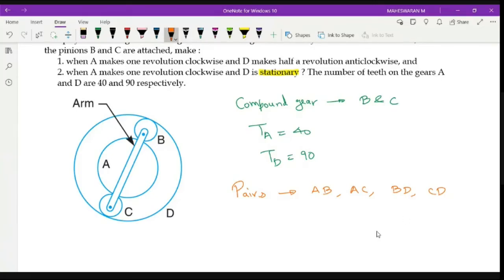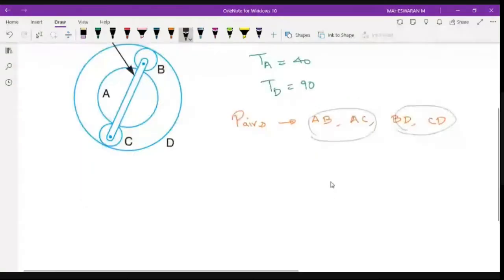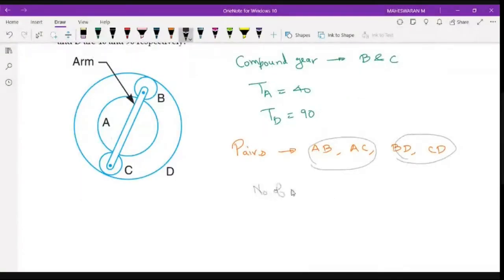But when you look here, there are some compound gears, which means AB and AC count as one, because B and C is a compound gear. Similarly, BD and CD count as one, since B and C is a compound gear. Number of speeds. A will have 1 speed.